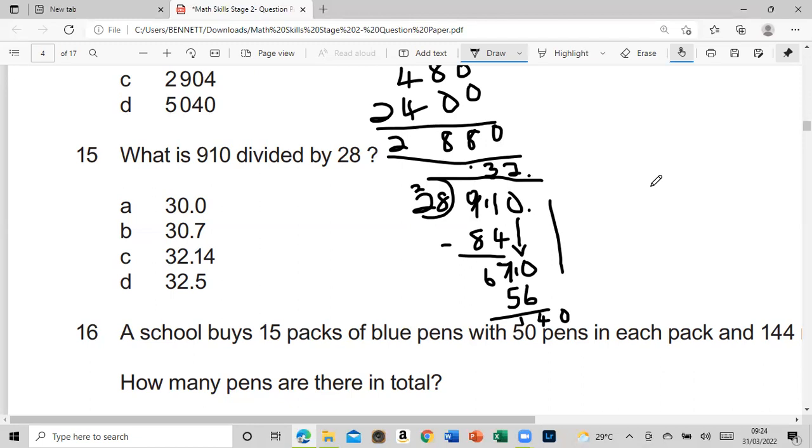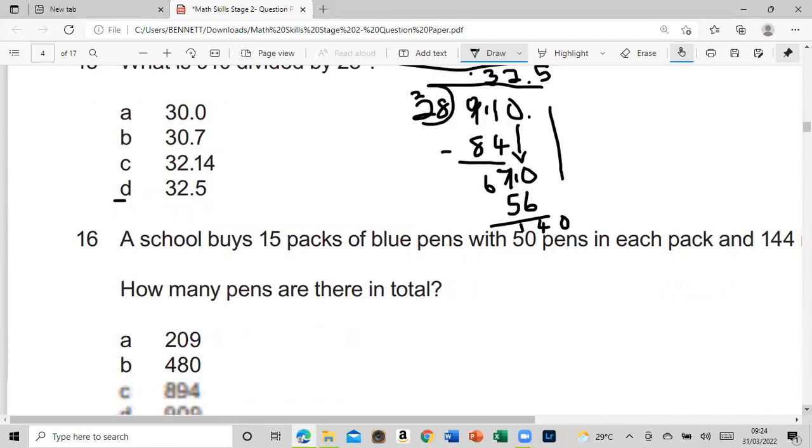So that will be 10. So that's 32.5. Remember, guys, if you divide this by 2, you get 14, right? And 14 divided into 140, that's 10. So this is twice, it's 25. So I can be a bit stressed at times.